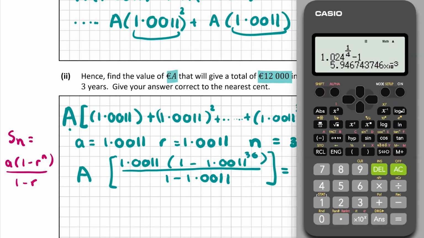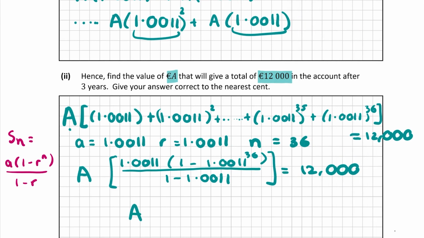So let's work out what's inside that bracket. So we have 1.0011 by 1 minus 1.0011 to the power of 36, all over 1 minus 1.0011. That gives us 36.742.